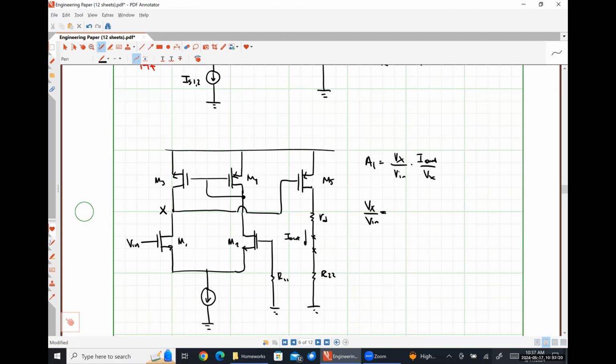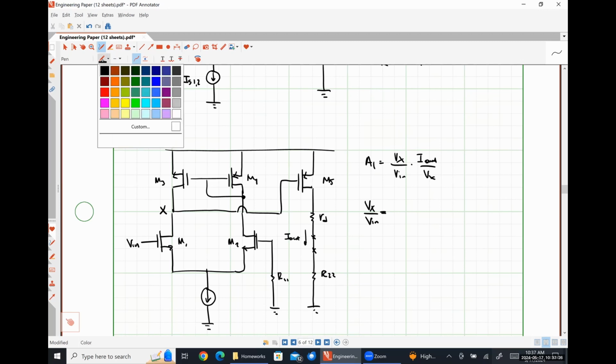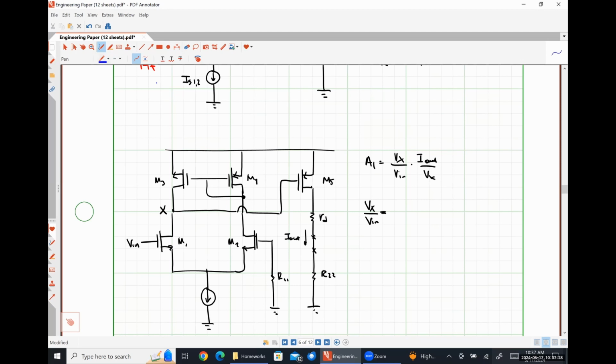Right, so previously we had tied, like if we had done this instead, I'll put this back in a moment, and then taken the output here, that would be our single stage op amp. But we're doing the opposite. What do you think that's going to do to our gain relationship?